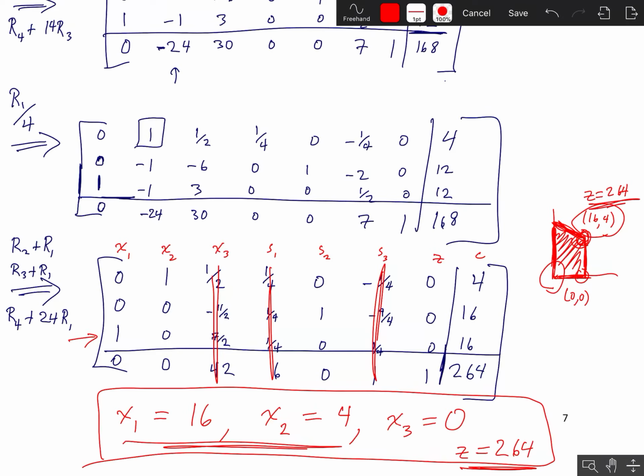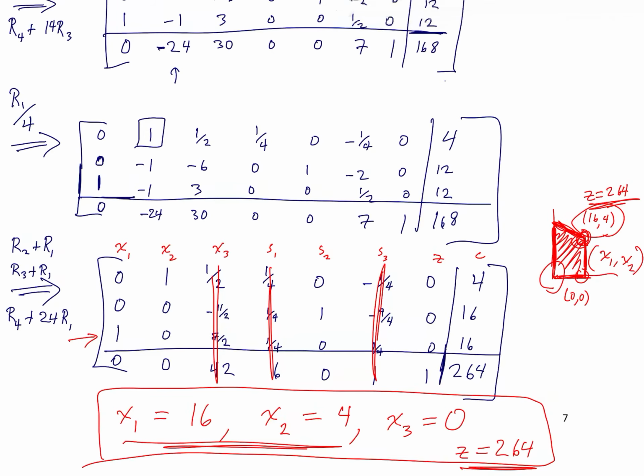We have three free variables, x1, x2, and x3. So this would be a 3D graph rather than a two-dimensional graph in terms of x1 and x2. But just so that you have some handle on what this procedure is actually doing, this is just a way of searching through the simplex, going corner by corner until we find the best corner here.